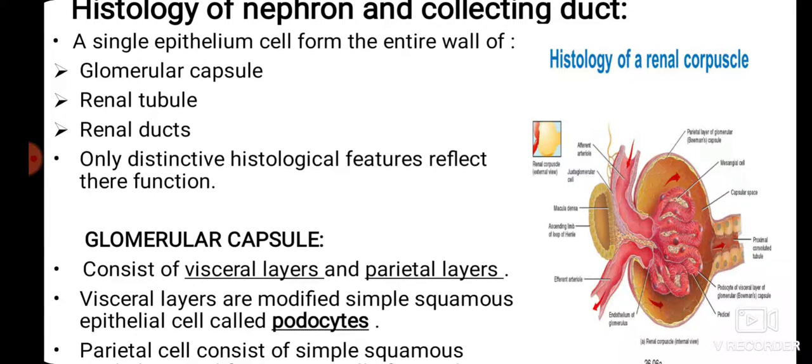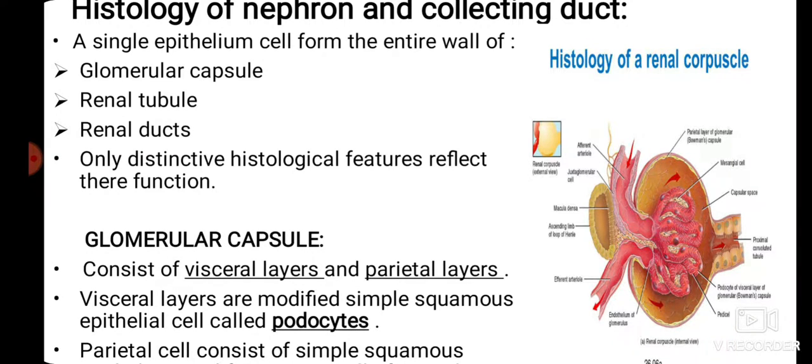Okay, that surface is known as the visceral layer, and the other is the outer surface, the outer side that does not touch your fist. Okay, this surface is known as the parietal layer.